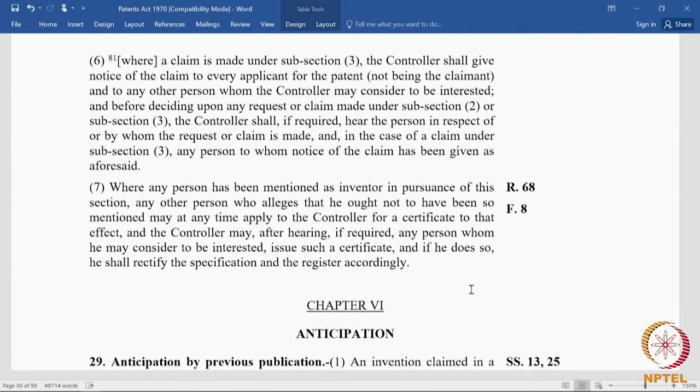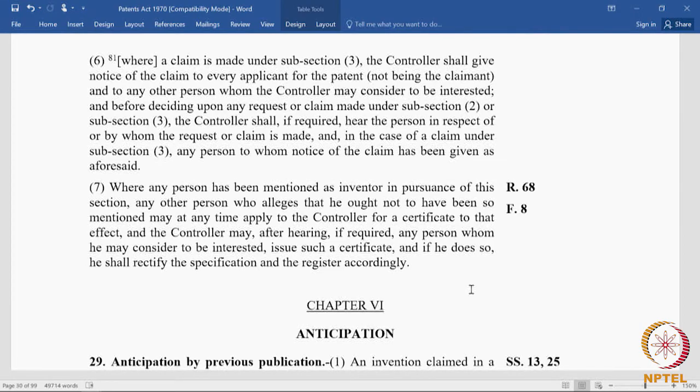This subsection 7 comes into play after a proceeding under subsection 2 or subsection 3 has happened. There is a proceeding that has happened, the controller has corrected and added the name of an inventor. That proceeding has already happened.